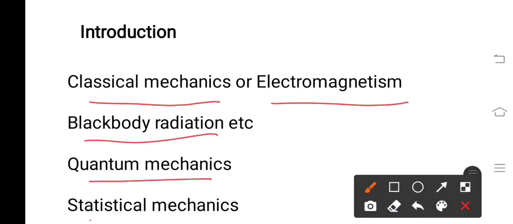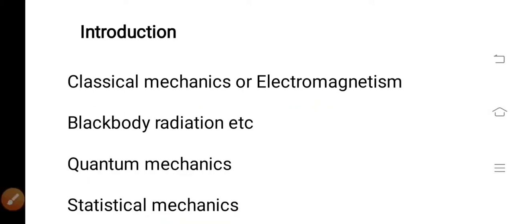When this theory ties its knot with statistics, we get a new branch of physics known as statistical mechanics, which is capable of explaining the physical behavior of all the systems, whether composed of a single particle or composed of many particles or a large number of particles.